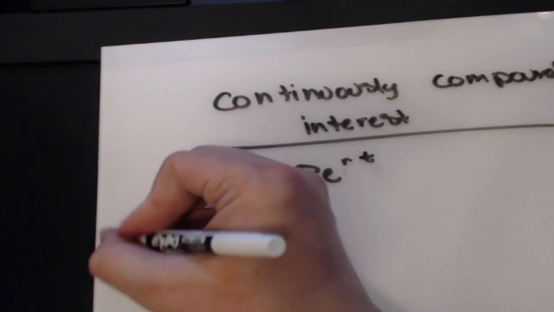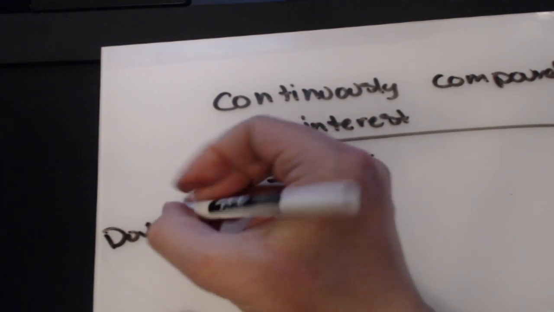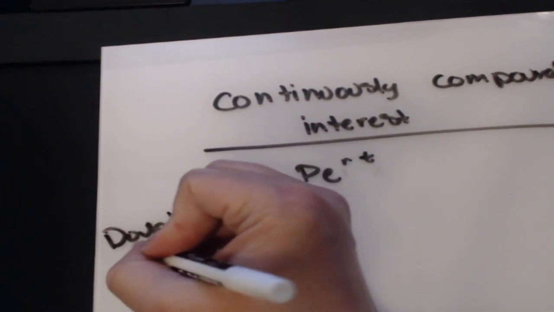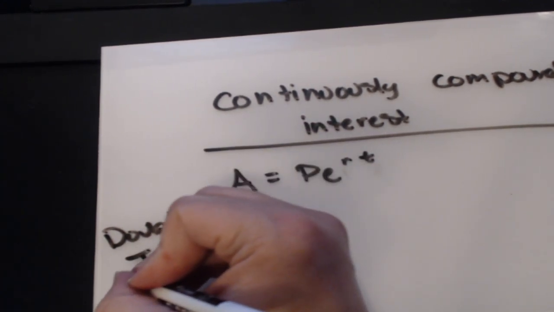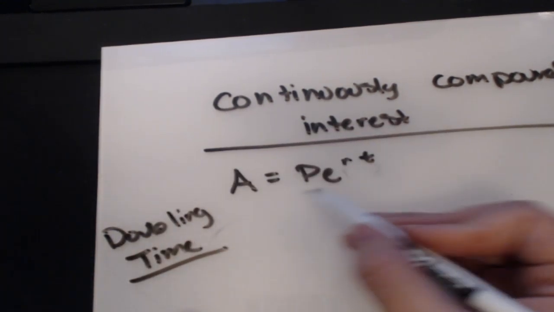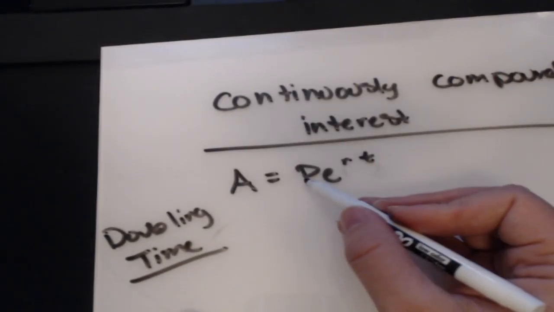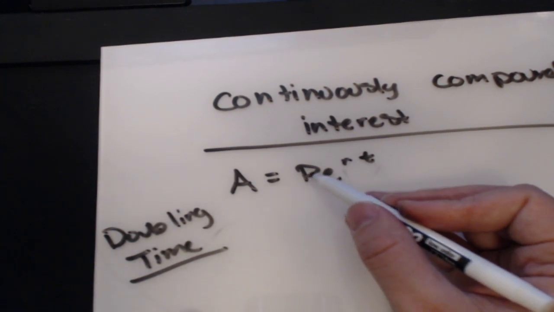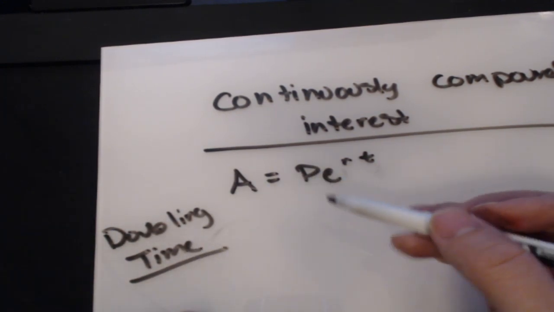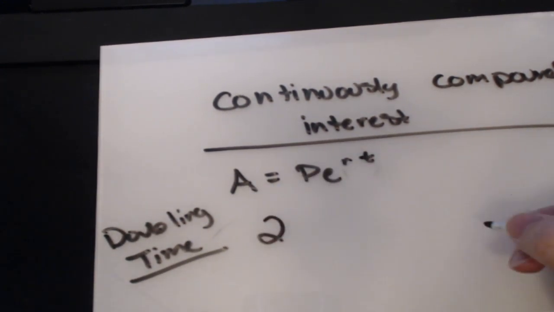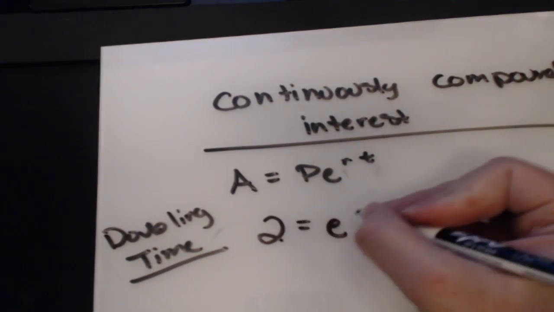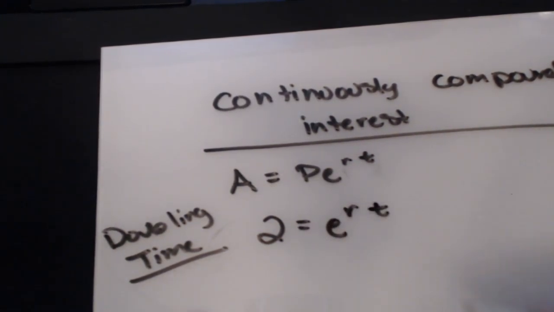Let me teach you a little secret right now. Doubling time. Doubling time always works out that you double the amount that you're going to invest, then you divide by P, and because it's called doubling time, you're left with 2 on the left side, and then you have e^(rt). And you need to find out, hey, how long does it take to double?